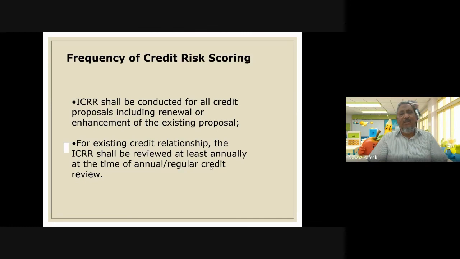Normally, even for personal loans, we have to apply this ICRR rating system. For an existing credit relationship, the ICRR shall be reviewed at least annually, at the time of the annual regular credit review. So it has to be reviewed annually.